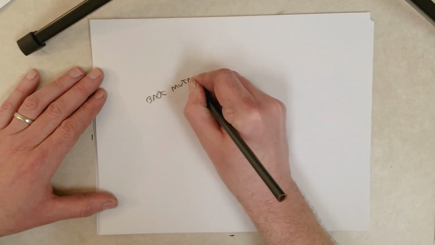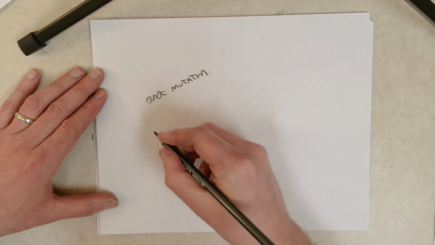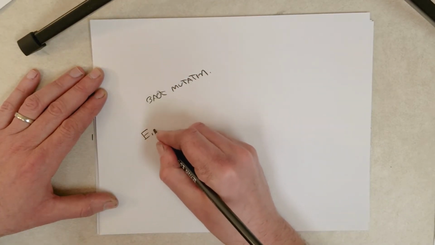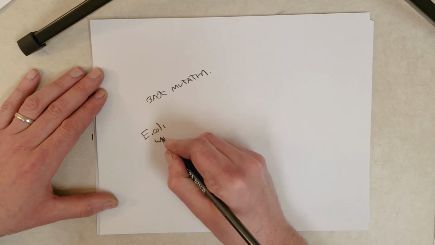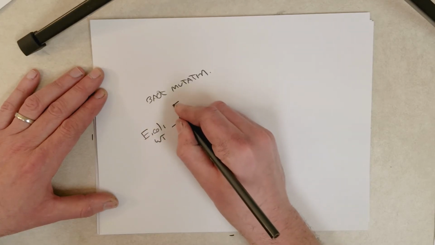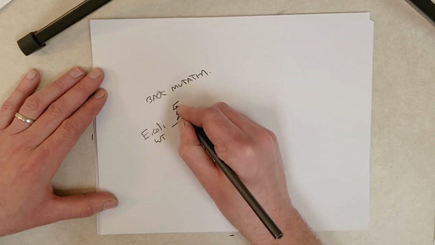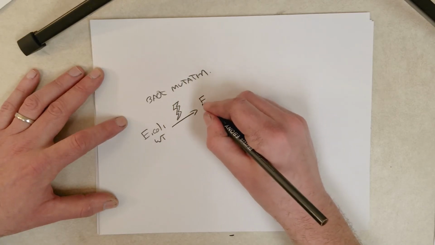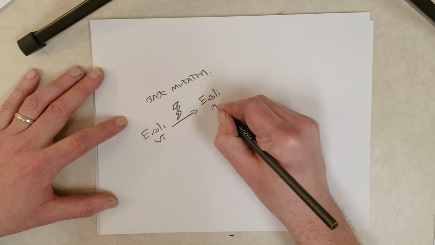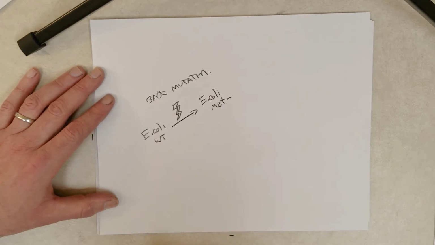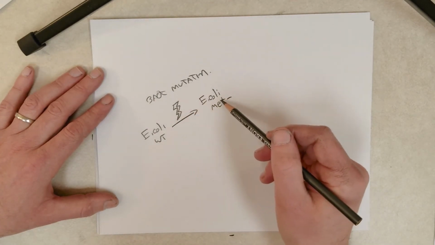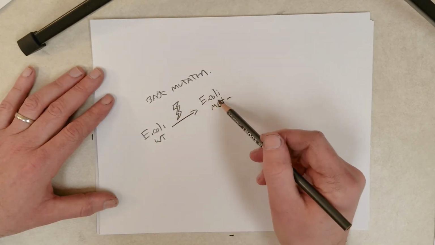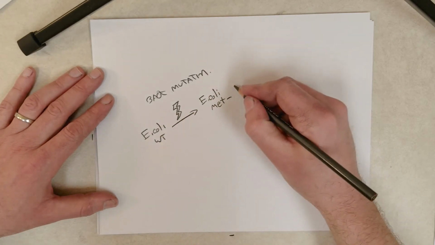Back mutation. A back mutation would be like, okay, let's start with E. coli wild type and let's mutate it. Now, we mutate it, and let's say we get E. coli met minus out of there. So some mutation in the gene required to make methionine occurred, and now we have the E. coli met minus strain.